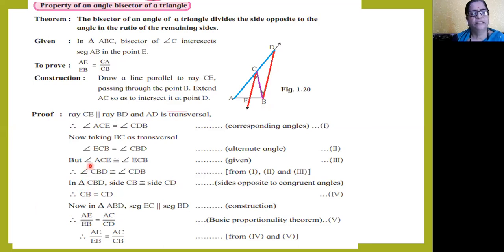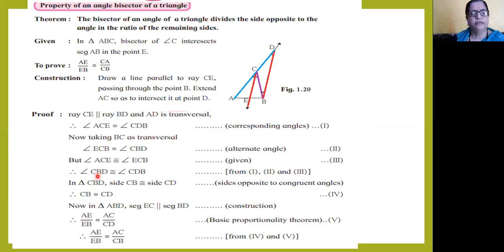So here angle ECB is equal to angle CBD. This angle and this angle are alternate angles.